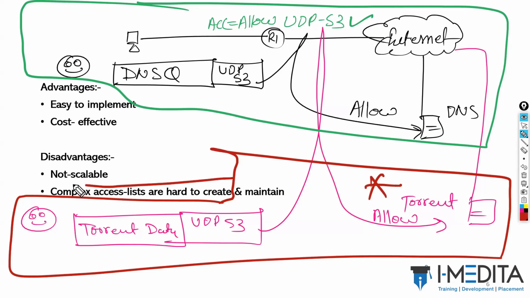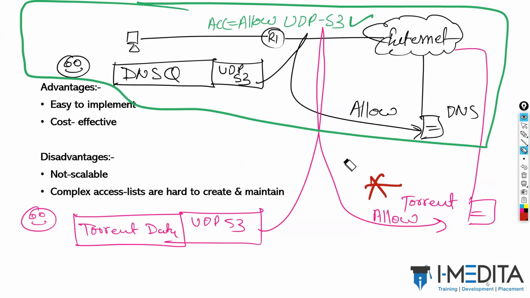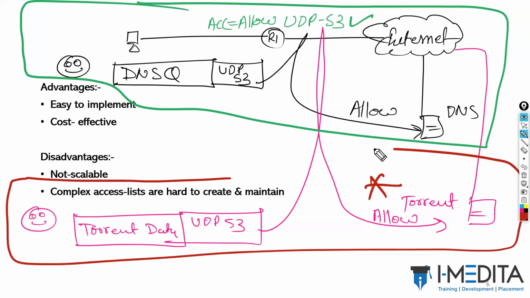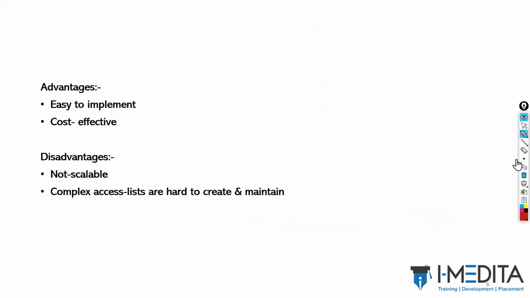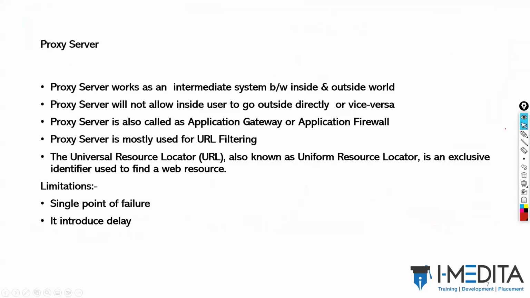You can't do this thing with the help of ACL. This is the problem of packet filtering. Clear? After packet filtering, we have the next technique, and it is our proxy server.